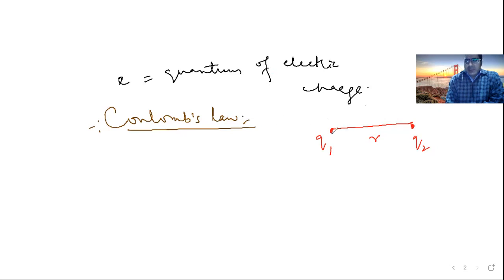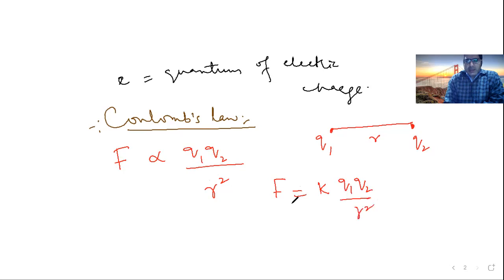Now Coulomb's law says if you have 2 point charges Q1, Q2 separated by distance r, then the magnitude of the electric force F between them is proportional to the product of charges and inversely proportional to the square of the separation distance between the charges. The constant of proportionality is written as K: F equals K Q1 Q2 by R square. This K is sometimes written as 1 by 4 pi epsilon naught.